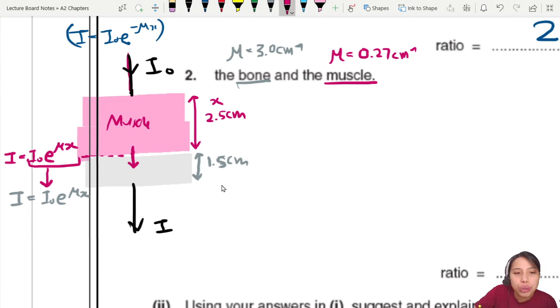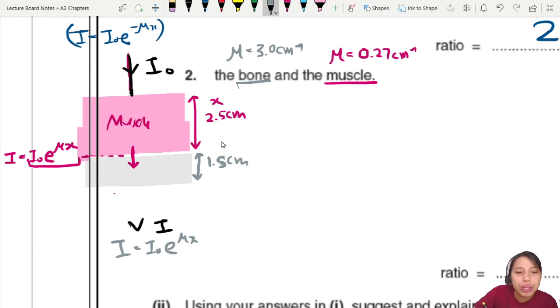After you go through muscle, you have this attenuation happening. Now you send that into the bone. After it comes out from the bone, this wave here is going to be I equals I naught E mu X. But what is the I naught? Let's label this here. This will be your I naught that goes into the bone.